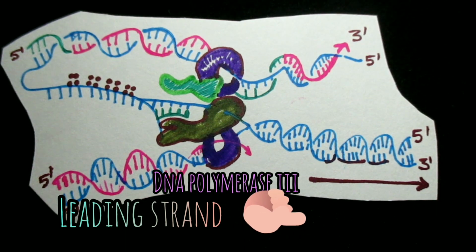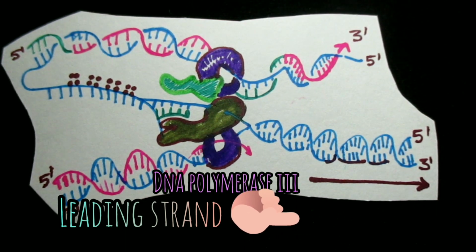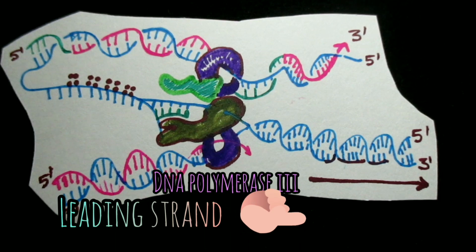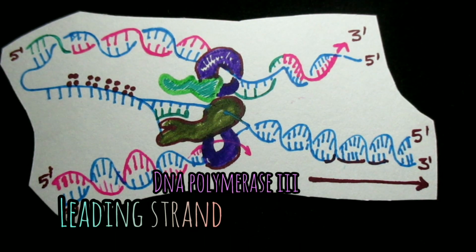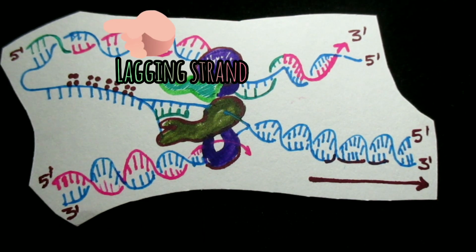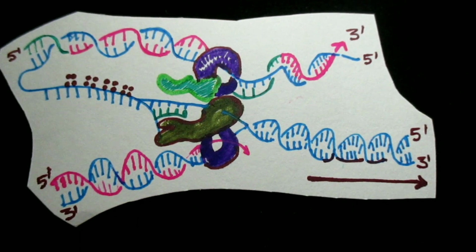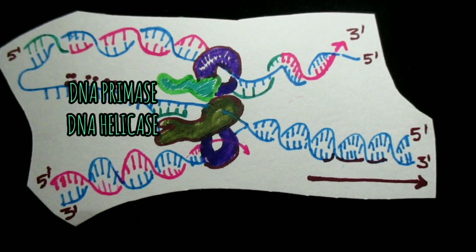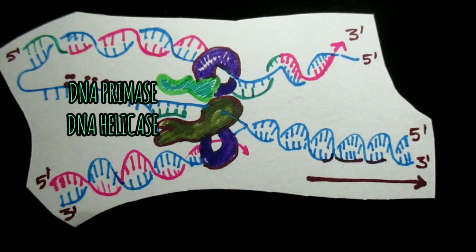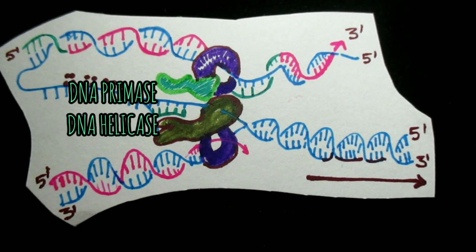The new strand being made in the same direction as the movement of the replication fork is the leading strand, and the new strand being made in the direction opposite that of the movement of the replication fork is the lagging strand. The leading strand needs a single RNA primer for its synthesis, whereas the lagging strand needs a series of primers.